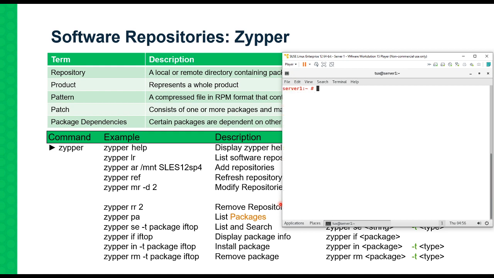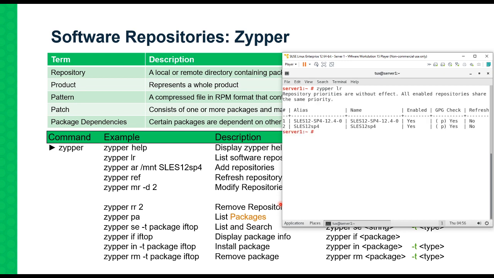Now we want to remove a repository. To remove a repository, you need to know the number you want to remove. So again, we're going to run zypper lr and hit enter. I want to remove the old repository because I'm not certain if it's working. So let's do that.